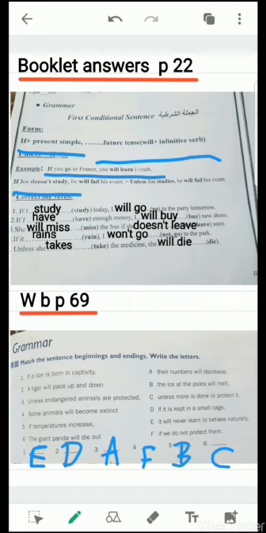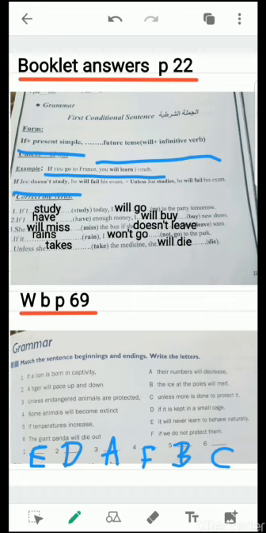The ending could be an if clause or a main clause. Number 1, if a lion is born in captivity, it will never learn to behave naturally. إذا ولد الأسد في الأسر لن يتعلم التصرف بشكل طبيعي.